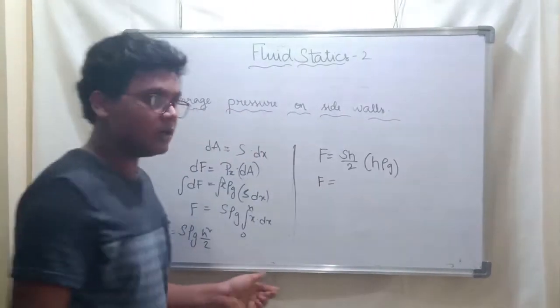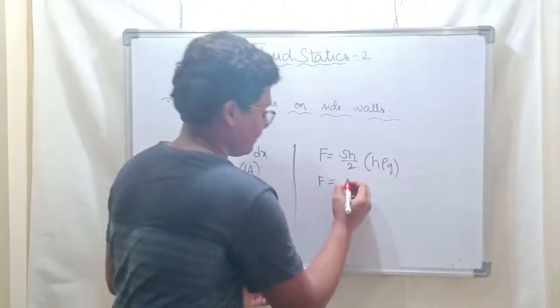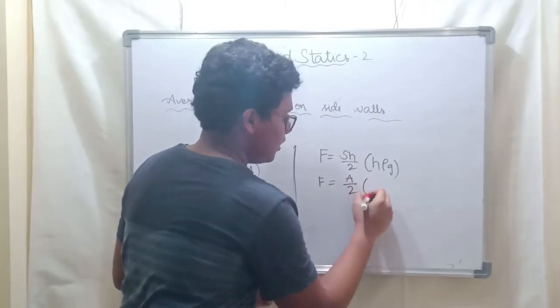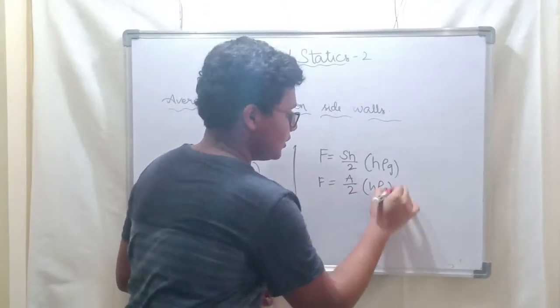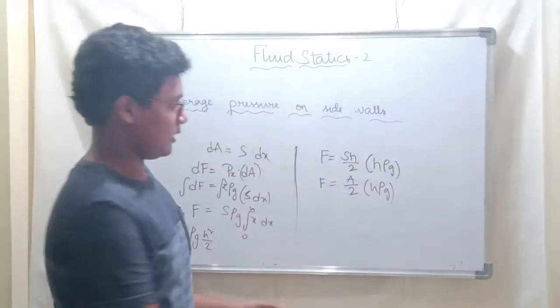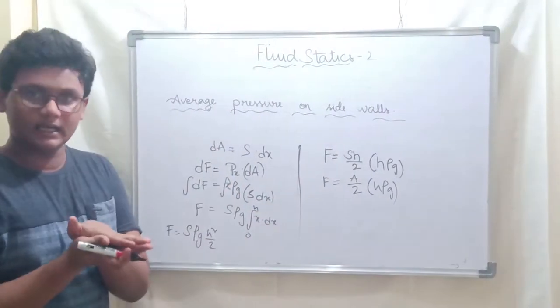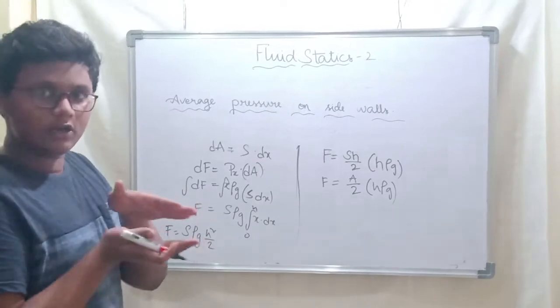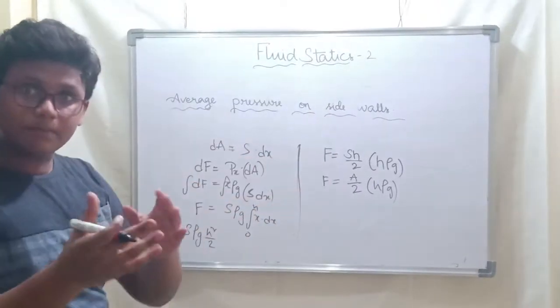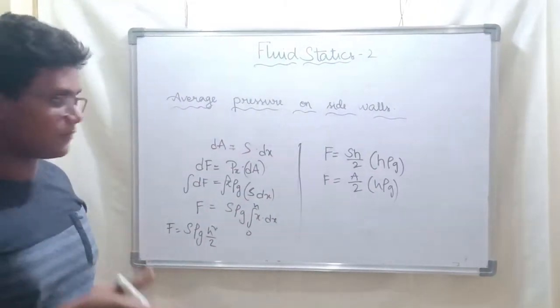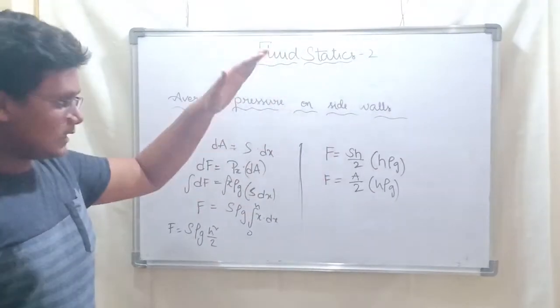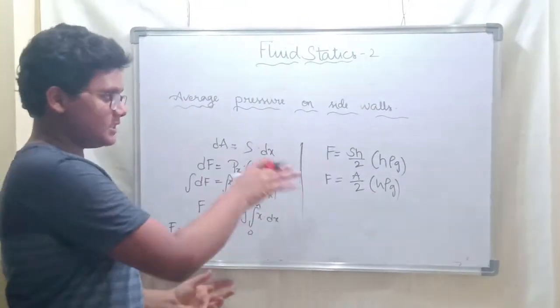F is equal to A by 2 into h rho g. This is the average force acting at the middle, and dF was the part force. Now we got F, the average force acting on the side walls.